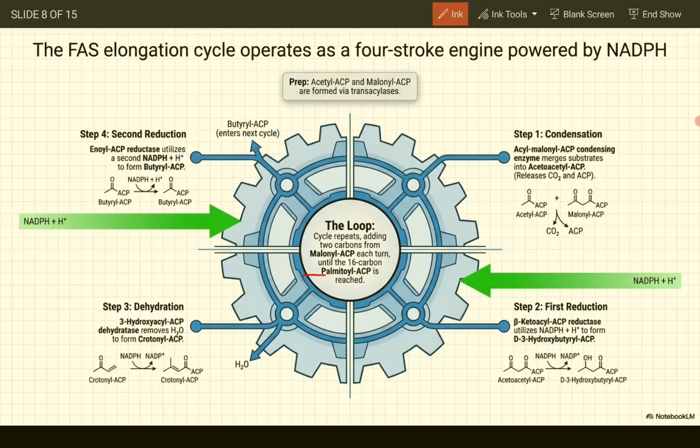This palmitoyl ACP is the end product in the cytosol. The cytosol does not have the mechanism to produce a fatty acid of more than 16 carbons. The rest of the process will happen in the smooth endoplasmic reticulum.